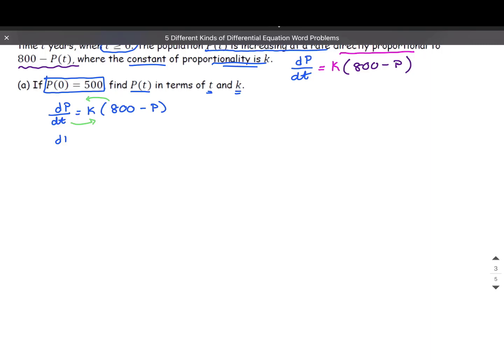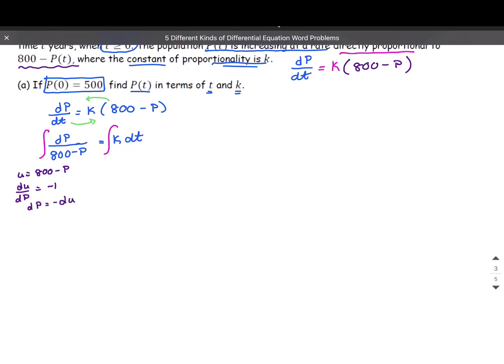So I'm going to have dP over 800 minus P equals k times dt. And we want to integrate both sides. However, we're going to need to do a u substitution here. If u is 800 minus P, then du/dP, the derivative of 800 minus P, is negative 1, so dP is going to be the negation of du.